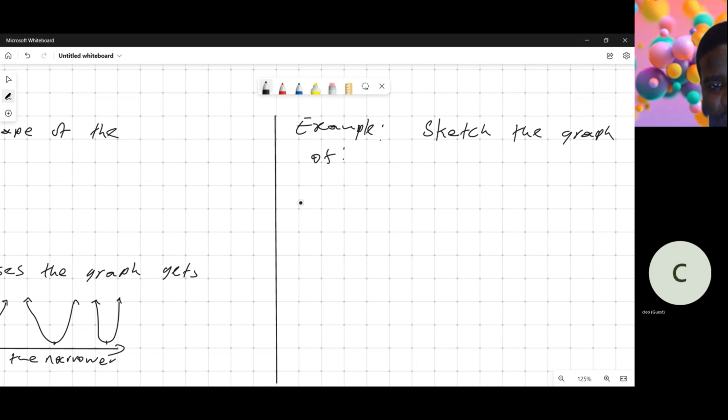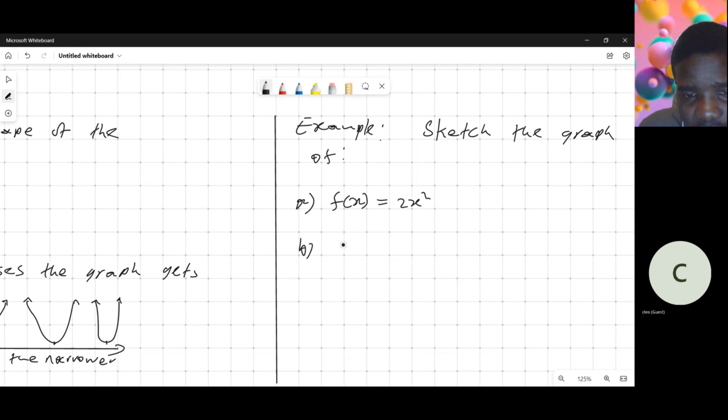A, the first one. Can we call this one maybe f of x? f of x is equals to maybe 2x squared. 2x squared, it's a smiling face. Let's start with this one first, then we can discuss some effects.